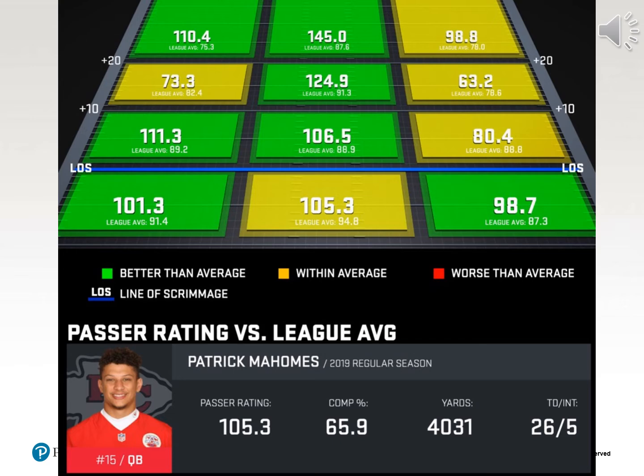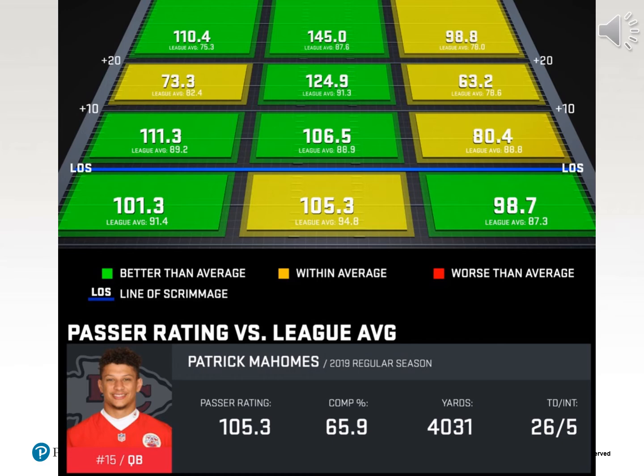In this graphic, you can see additional information and statistics on how Patrick Mahomes' pass percentage is rated based on different areas of the field and the yardage thrown. We aren't just looking at numbers here, we're looking at relationships between many numbers to tell a story.